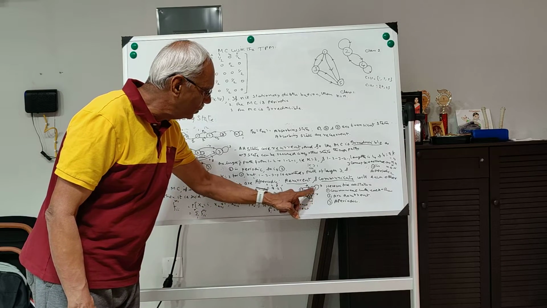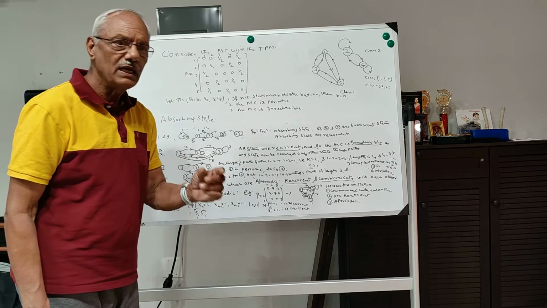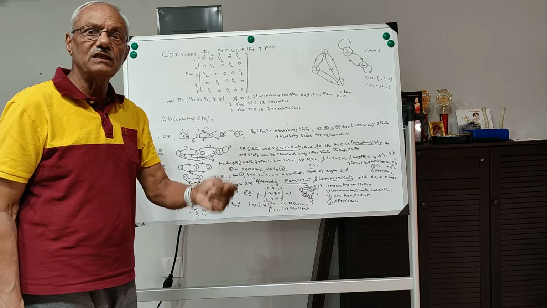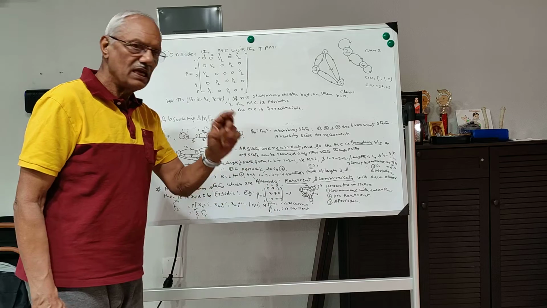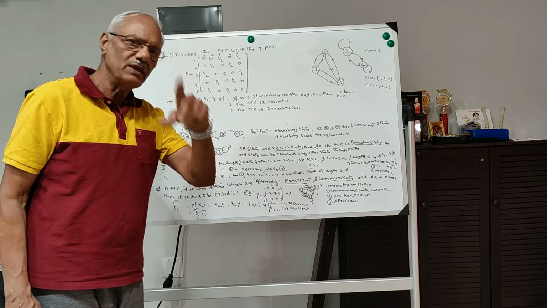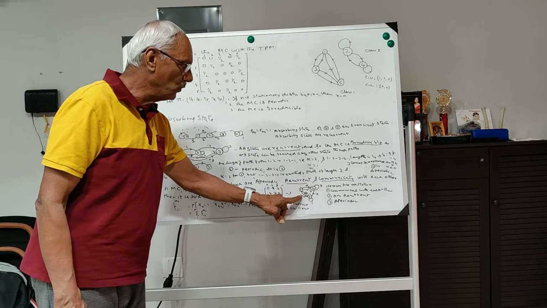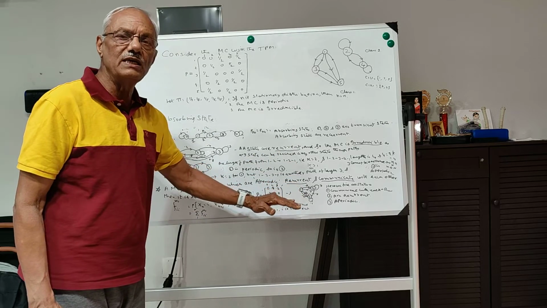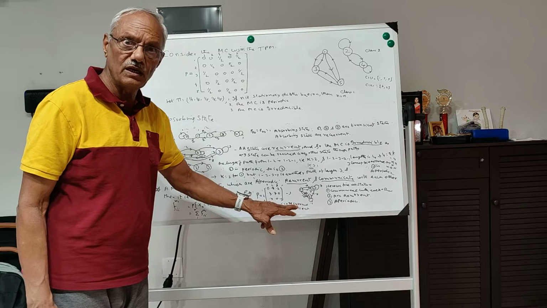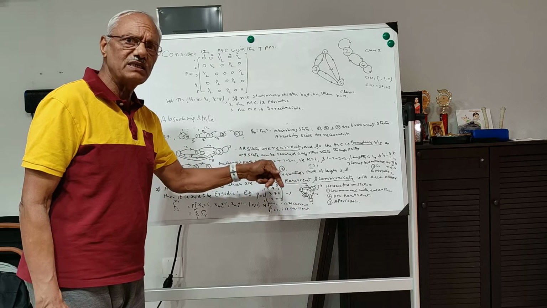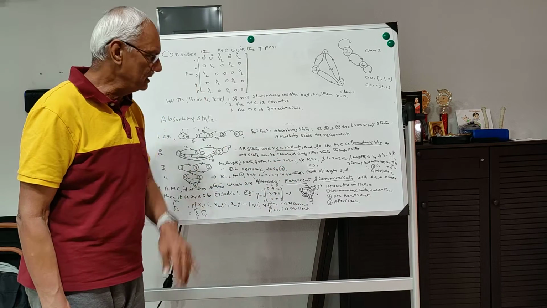Then from 3 to 2, 2 to 1, 1 to 3. That means every state is reachable from every other state. Here in this particular case, every state is reachable from every other state, and therefore the Markov chain is irreducible.